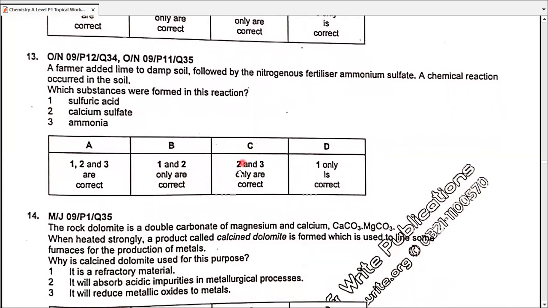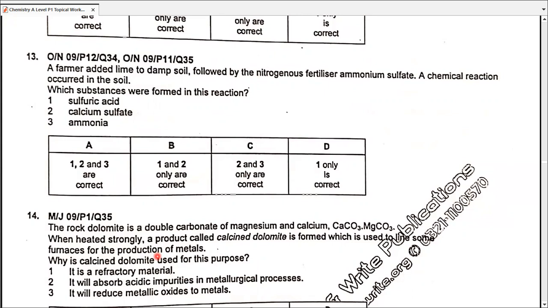I'm not saying it's too difficult, but it's definitely going to ask you to think at least twice. A farmer added lime to damp soil, followed by the nitrogenous fertilizer ammonium sulfate. A chemical reaction occurred in the soil. Which substances were formed in this reaction?